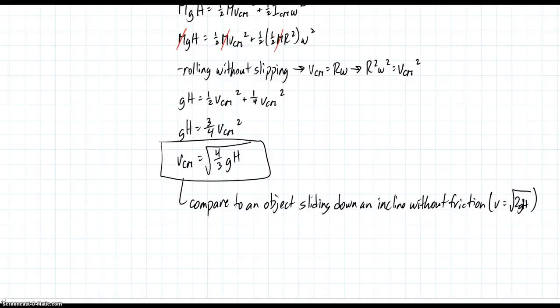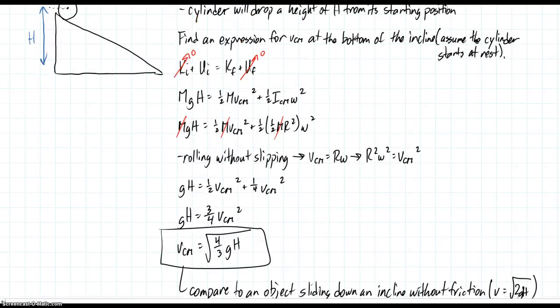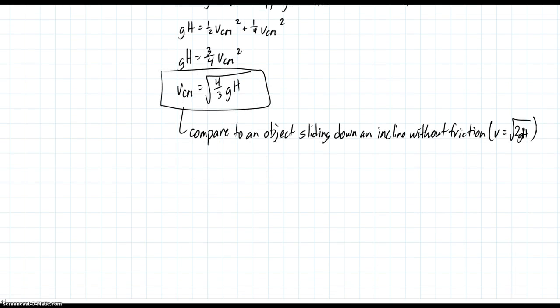Similarly, we can see the shape of the object has a big impact. The expression for the moment of inertia about the center of mass comes into play here. And so let's say that instead this was a solid sphere.